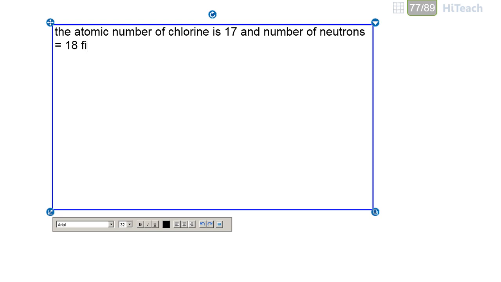Find the number of protons and the mass number.